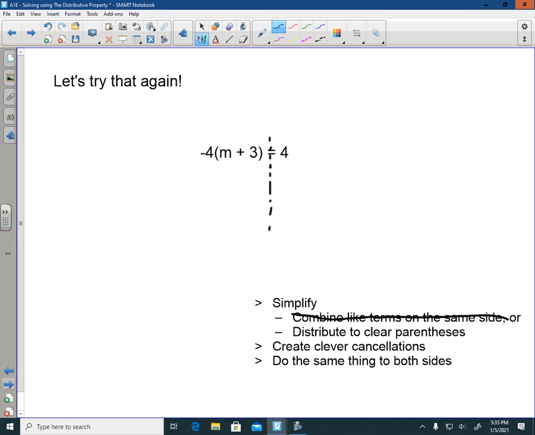But the next one says to distribute to clear parentheses. Well, we can certainly do that because we have a -4 stuck right next to those parentheses. So we can use that -4 and multiply it by the m, and then multiply it by that +3. So -4 times m is -4m, and then -4 times +3.